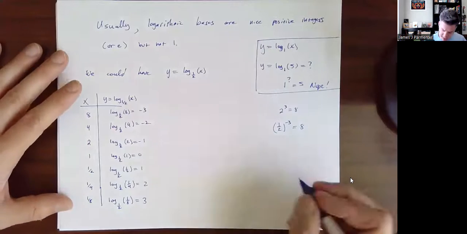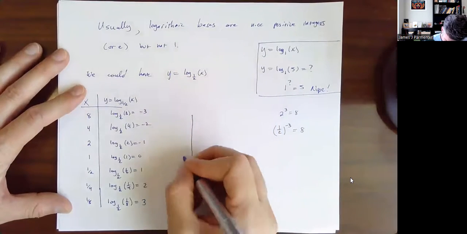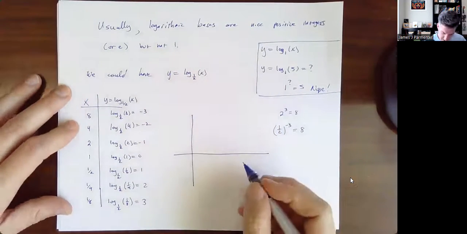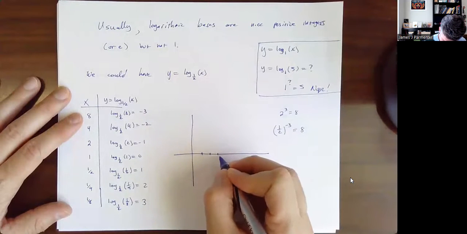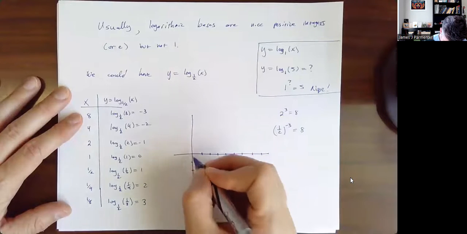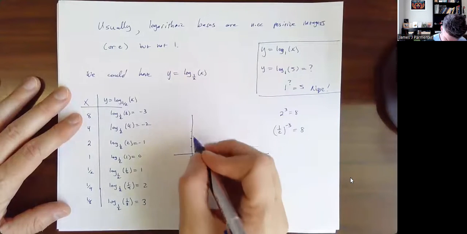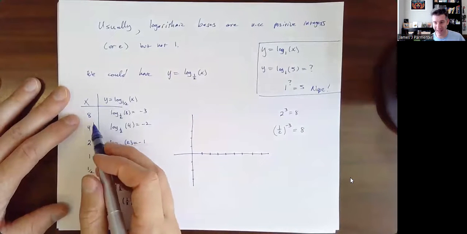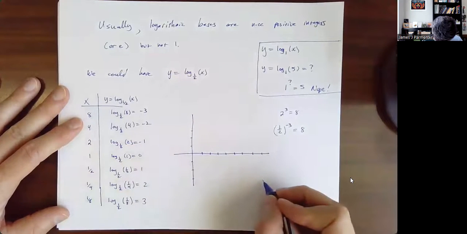So look at these funky points I have. All right, so I plug in 8, I get -3.